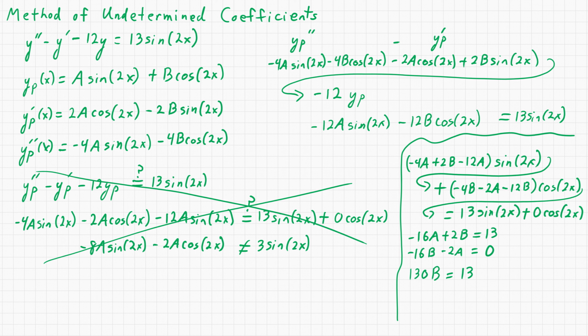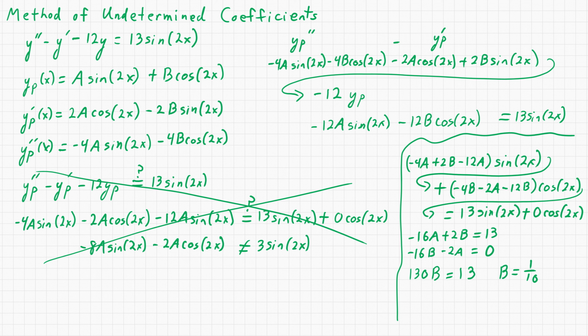Then if I divide, b is 1/10. I did that from my notes, so you do have to go through and work these out. I took negative 8 times the second equation and added it to the first to cancel out the a's. But here I've got b is 1/10, and then I put 1/10 in for b.